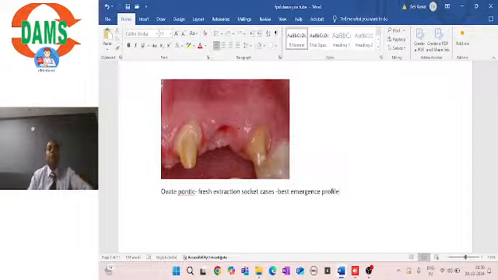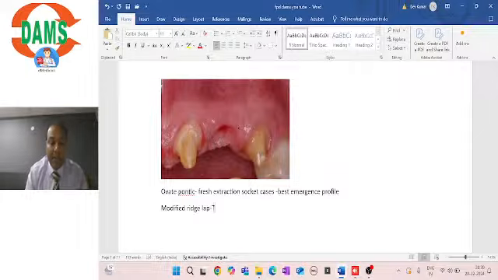It is the most versatile pontic, where it can be used in almost each and every situation, right? And also it has a T-shaped contact. I'm again writing the modified ridge lap.